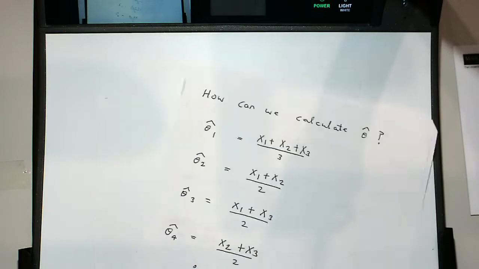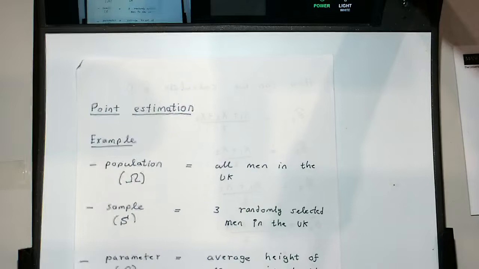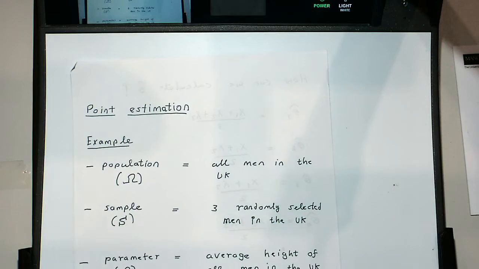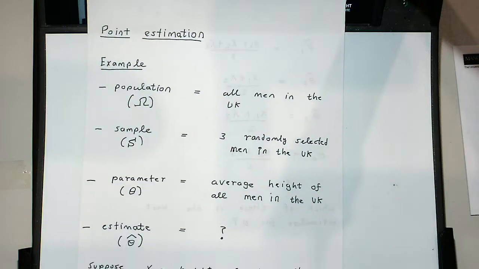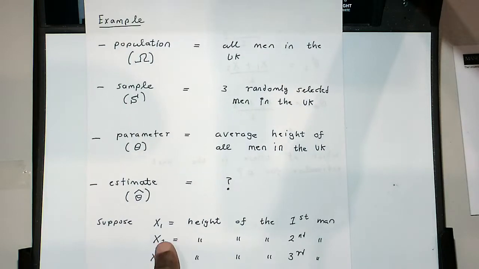In this case, theta is the average height of all men in the UK, which is obviously impossible to measure directly, it's a population parameter, because there are millions of men in the UK, and you can't measure the height of every single person. So what you need to do is take a sample and try to estimate theta. And that's what we are doing here. We are taking a sample of three observations, right? And using the 3 data points, we are trying to estimate theta.